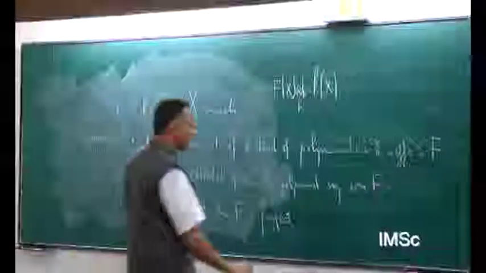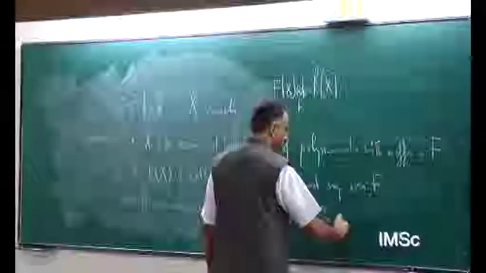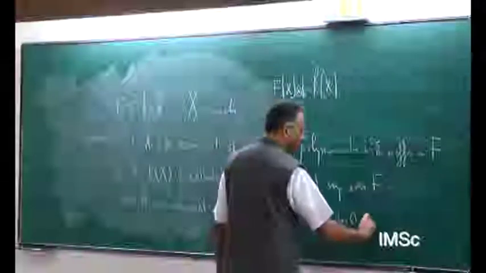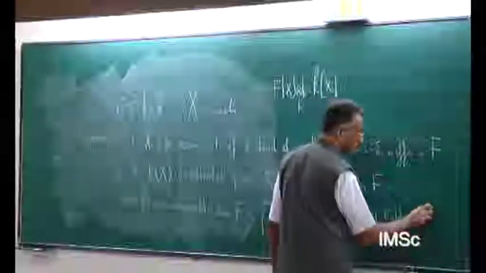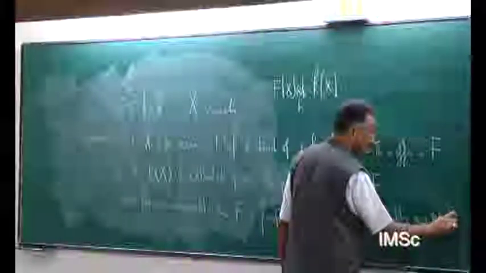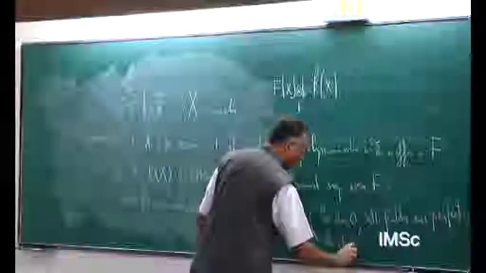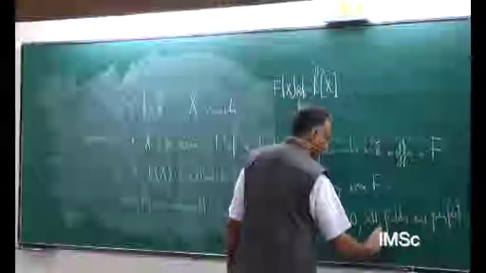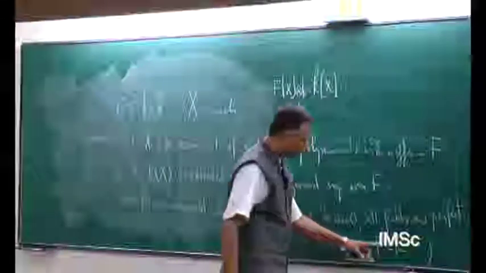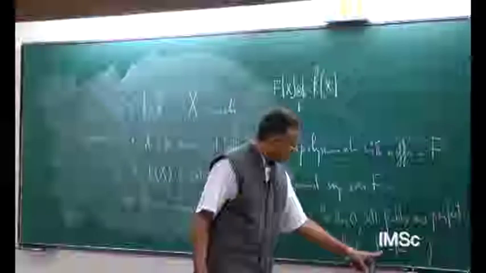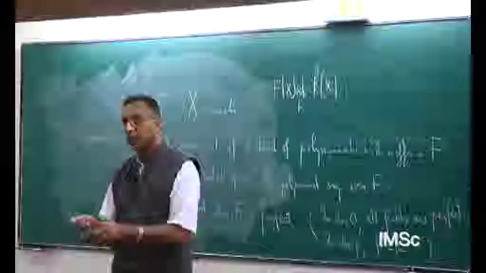So you call F perfect if, let's recall, in characteristic 0, all fields are perfect. In characteristic p, this means F^p equals F. By this we mean I take elements of F, raise them to the pth power, and look at that set.